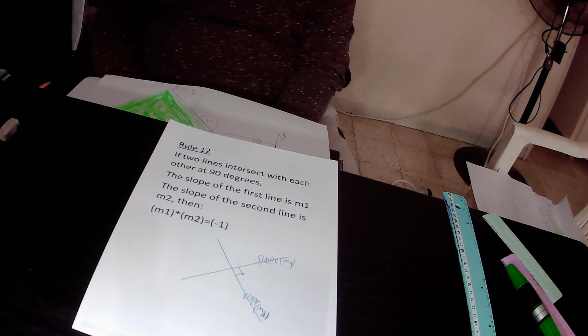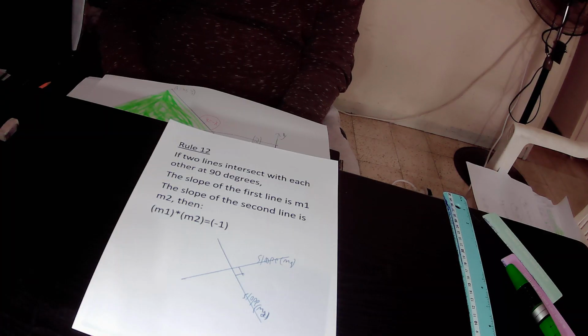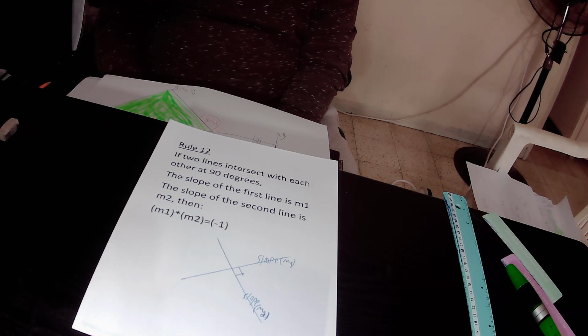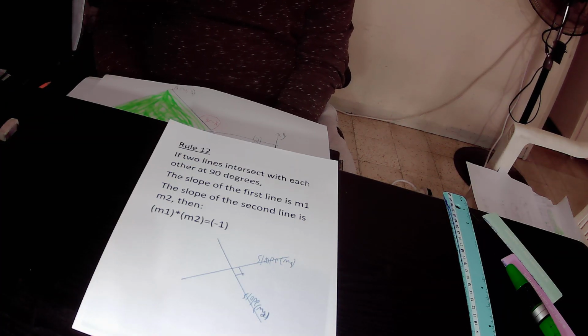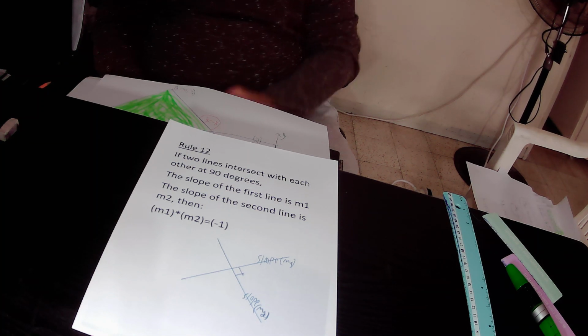So according to rule 12, if two lines are perpendicular to each other, then the product of their slopes is equal to minus 1. Again, the multiplication of the slope of the first line by the slope of the second line is equal to minus 1.